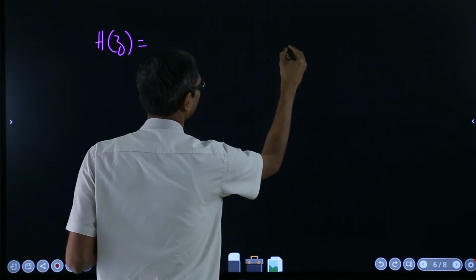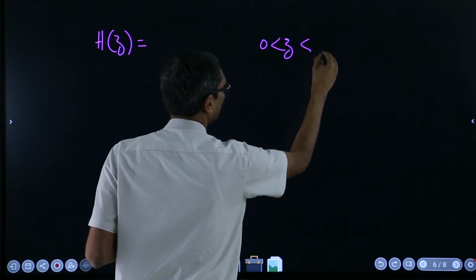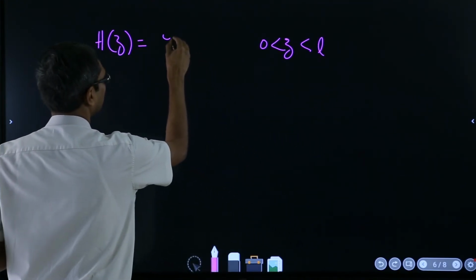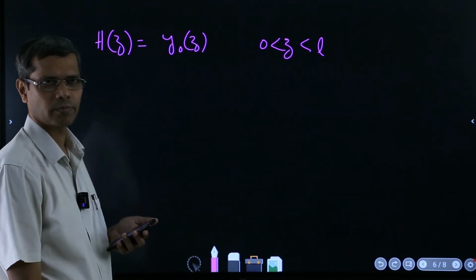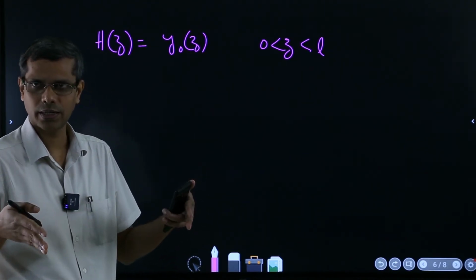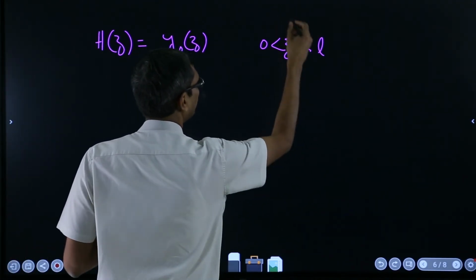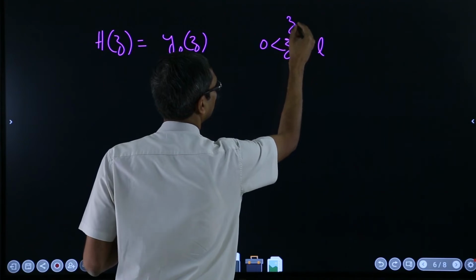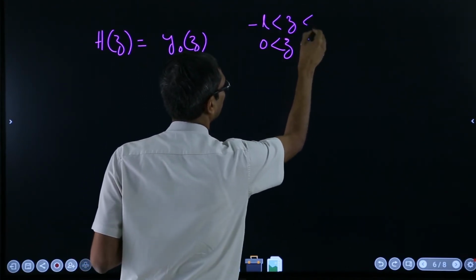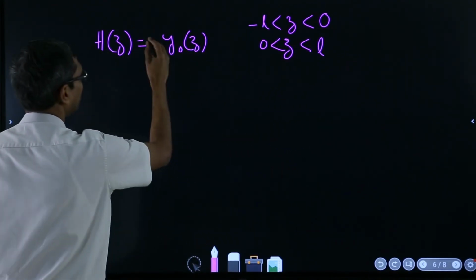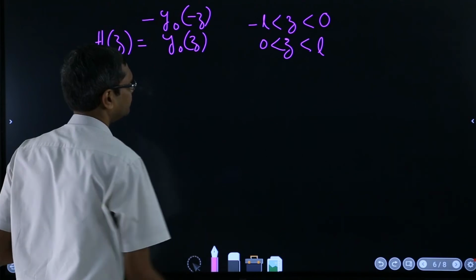Where you define h(z) to be, first you write like this, for z between 0 to L. That will obviously be y naught of z, because that's what you have defined, the initial displacement condition. Then if z is from minus L to 0, you will have minus y naught of minus z.